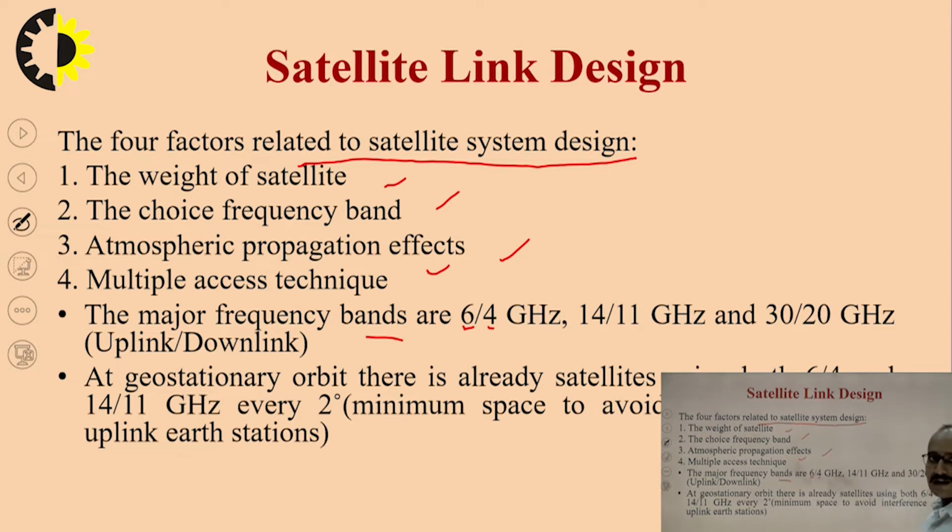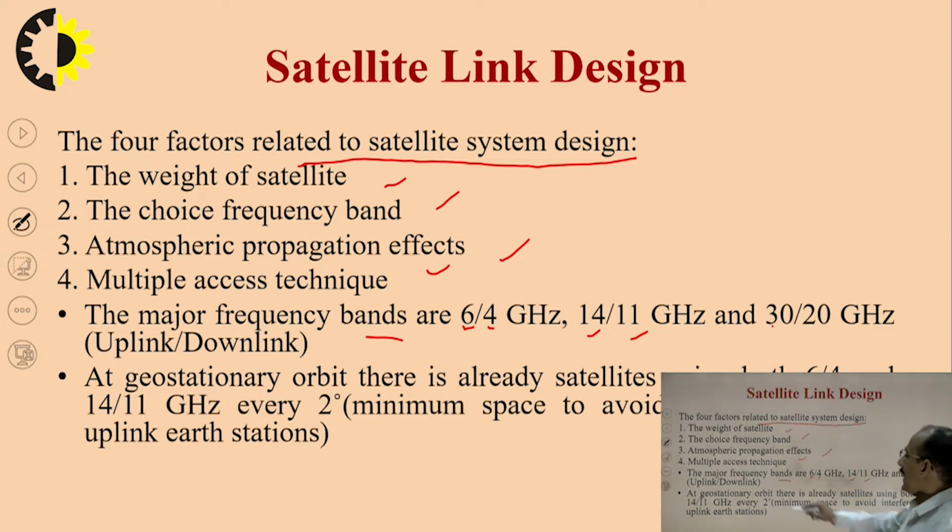Double conversion transponders mean 14 GHz uplink and 11 GHz downlink. The 30/20 GHz advanced transponder uses 30 GHz uplink and 20 GHz downlink. In satellite communication, the uplink frequency is always greater than the downlink because of the path losses and power requirement factors that I already discussed previously.